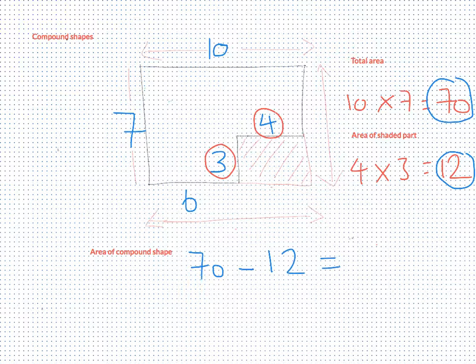And if we do that, we'd figure out that the area of the original shape is 58 units squared. Now, we haven't been given the units, it's probably centimetres or metres, but for the time being we can just say units squared.